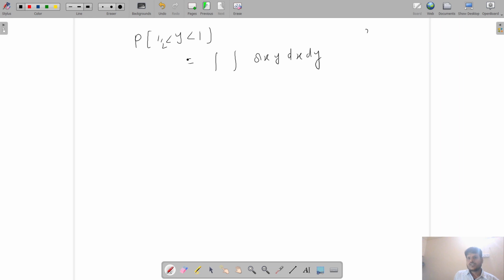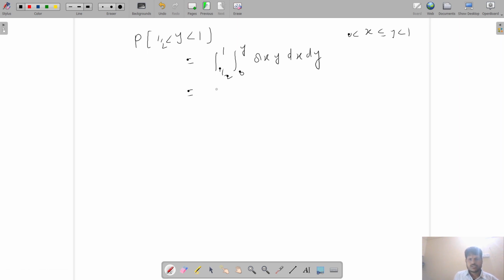Now the limit: x greater than 0, less than or equal to y, y less than 1. According to the problem we have y fixed. For x, the lower limit is 0 and the upper limit is y, and the limit of y: the lower limit is 1 upon 2 and the upper limit is 1, right?